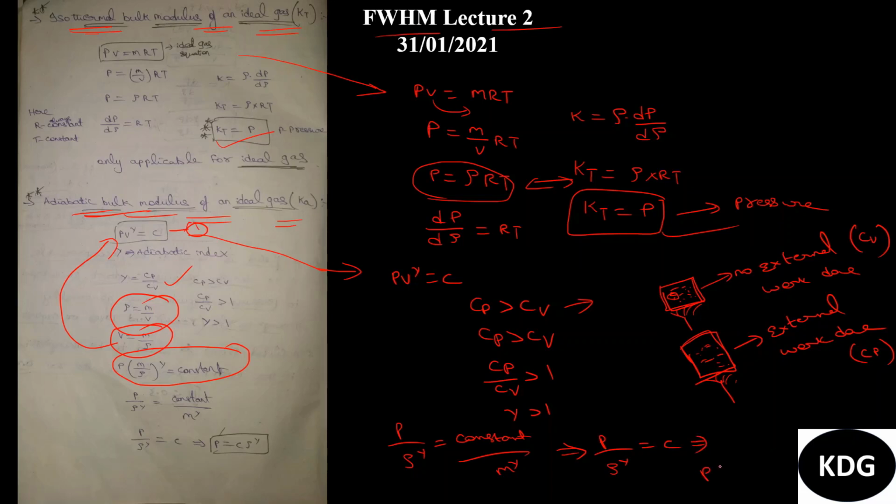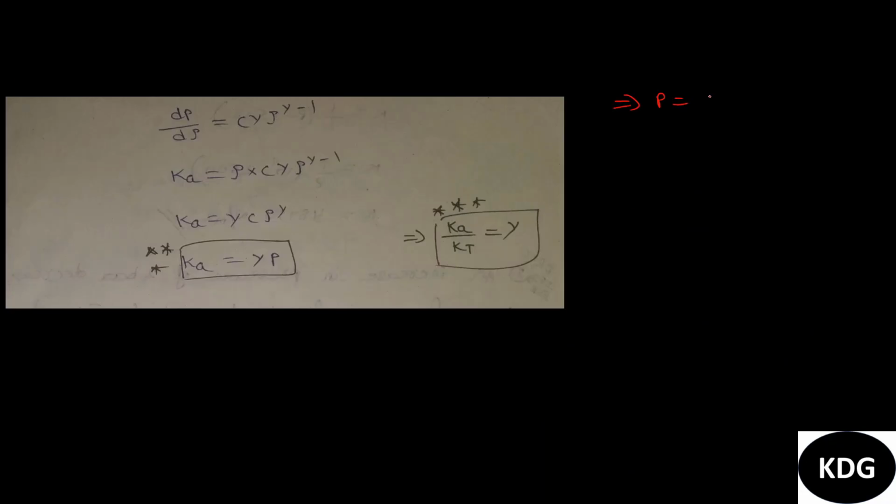That implies pressure is equal to C rho power gamma. If you differentiate with respect to density, dP by d rho equals C gamma rho power gamma minus 1. If we rearrange all these, we will get the adiabatic bulk modulus equal to gamma P.